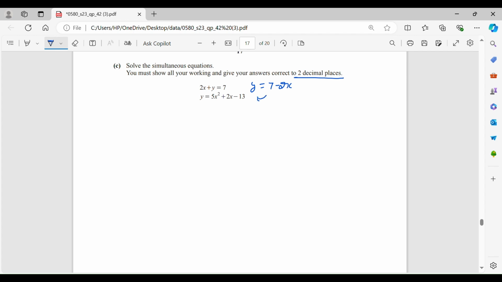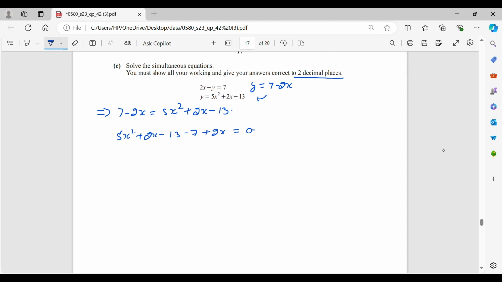So 7 minus 2x equals 5x squared plus 2x minus 13. So 5x squared plus 2x minus 13 minus 7 plus 2x equals 0.